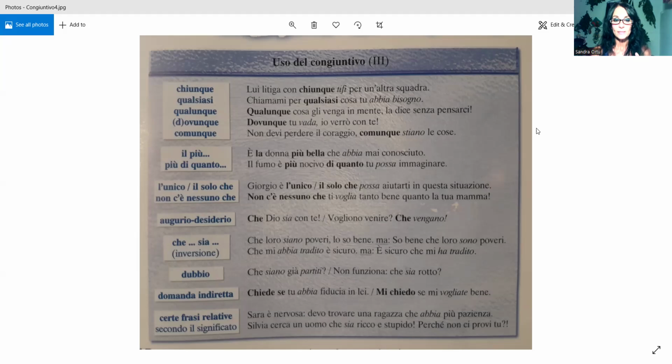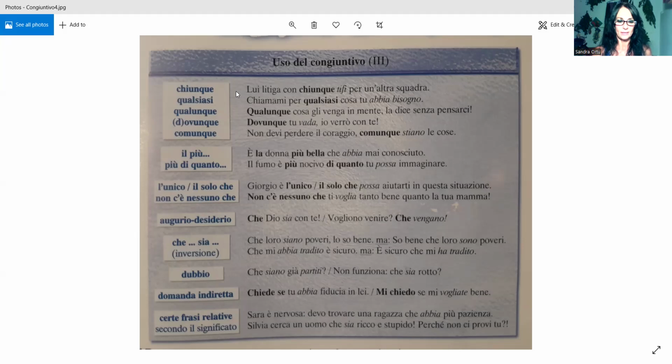So two lists which are not complete. Keep in mind that these are only some, most I would say, of the expressions or constructions which are followed by subjunctive. Can you see there are quite a few.